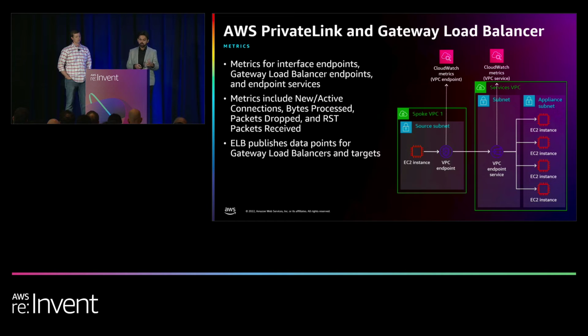PrivateLink also provides you built-in Contributor Insights for your endpoint services to help you find which endpoints are the largest contributor to each supported metric. The rules can include ranking endpoints by the number of active and new connections, number of bytes processed, ranking endpoints based on number of TCP resets, and so on. So if you're using PrivateLink, you can benefit from these metrics and data as well.